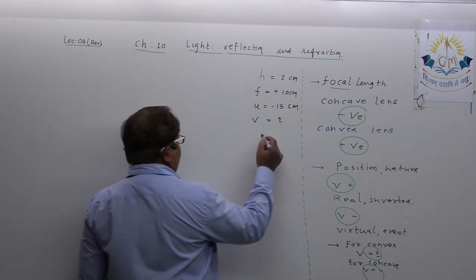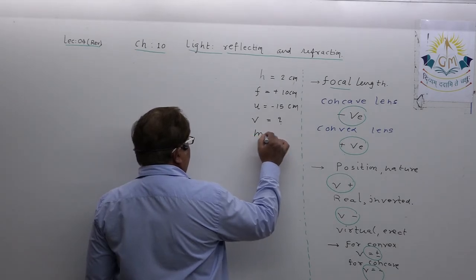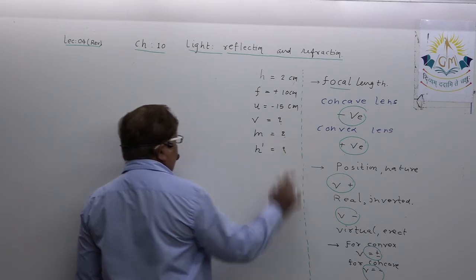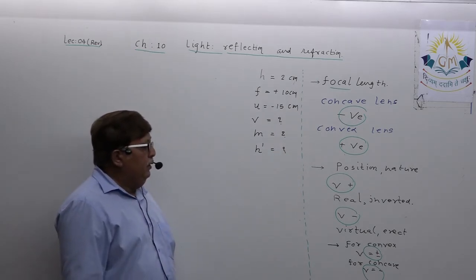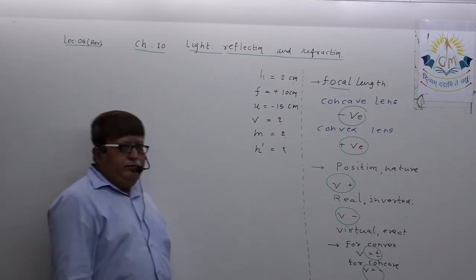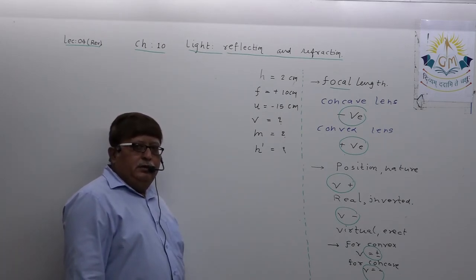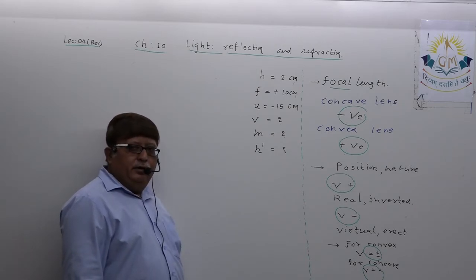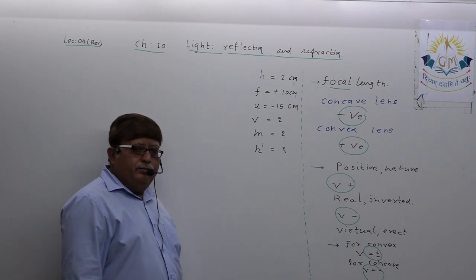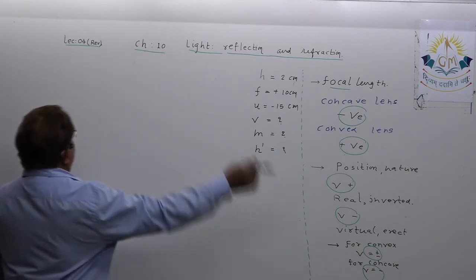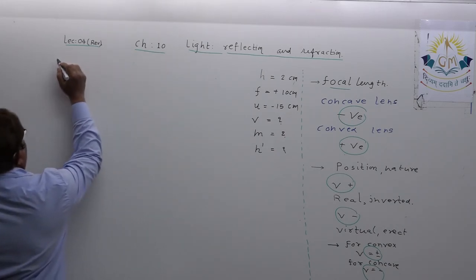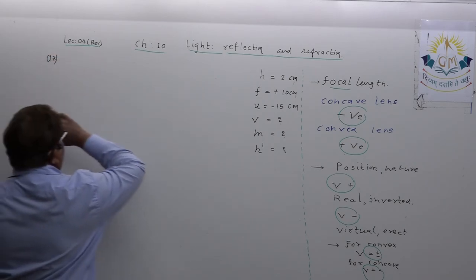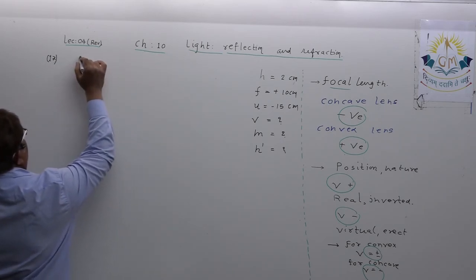And at the same time we are looking for m, magnification, and we are looking for height of the image also. So we already mentioned the basic facts and we represented the data here directly. Understood?